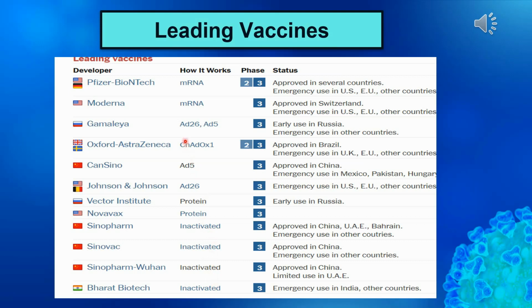Gamaleya is an Ad26, Ad5 vaccine. CanSino is also an Ad5 vaccine. Johnson & Johnson is an Ad26 vaccine. AstraZeneca is a ChAdOx1 vaccine. Some of them are in second phase, and some others in third phase. Some are approved in some countries, and some are not.